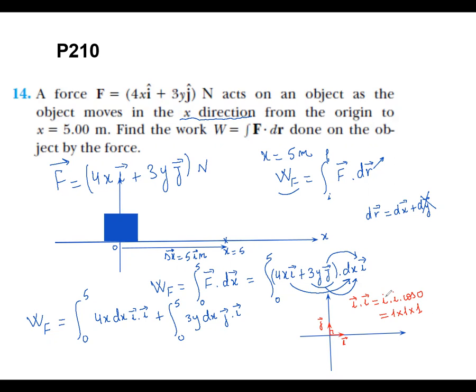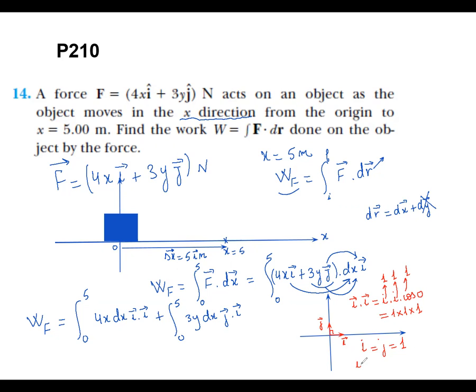Because the magnitude of i equals 1, and cosine 0 equals 1. This is like A dot B equals the magnitude of A times the magnitude of B times cosine of the angle between A and B. Always the magnitude of i equals the magnitude of j equals 1. They have the same magnitude.